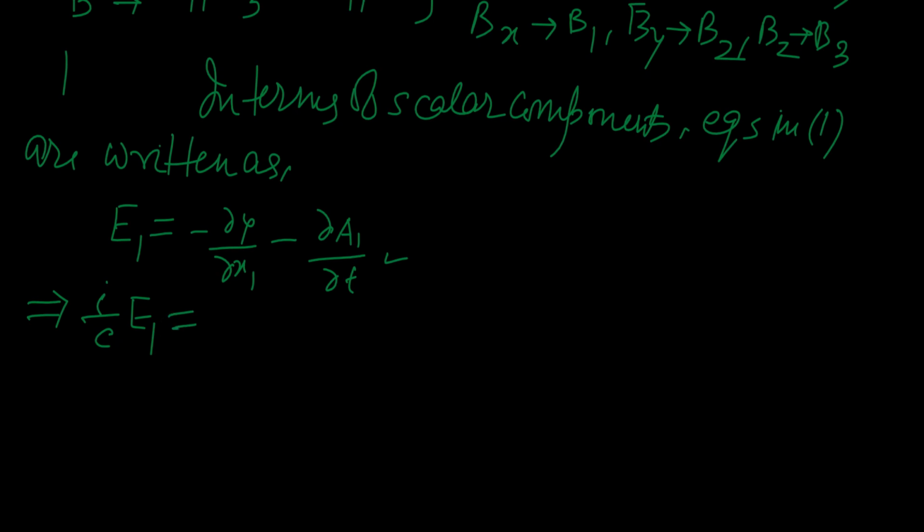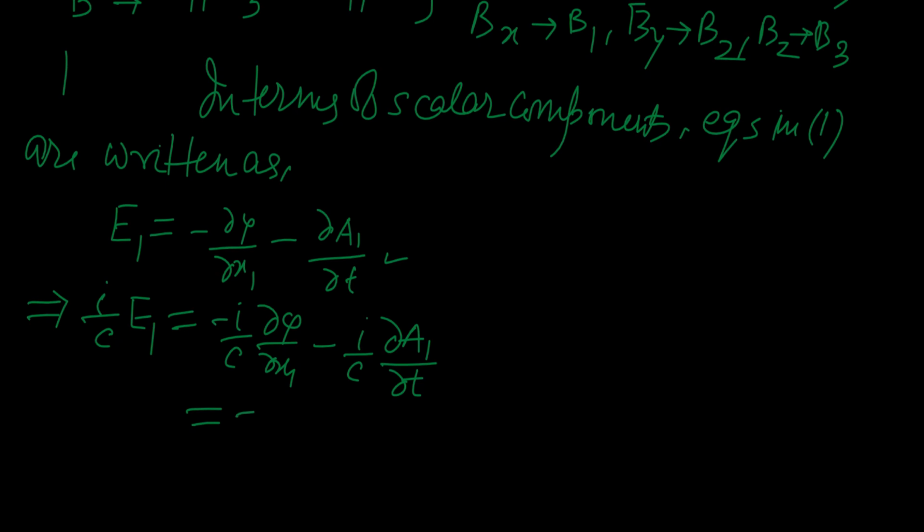I have just multiplied by the factor i over c, and so each term will be multiplied by the same factor, and so it will be minus i over c del phi by del x1 minus i over c del A1 by del t. And as i over c is a constant, we may take this factor inside the operator.